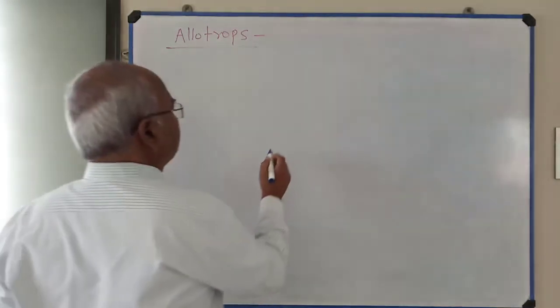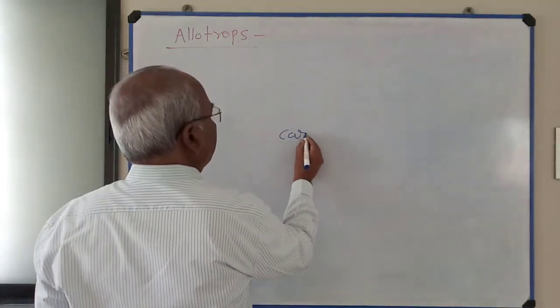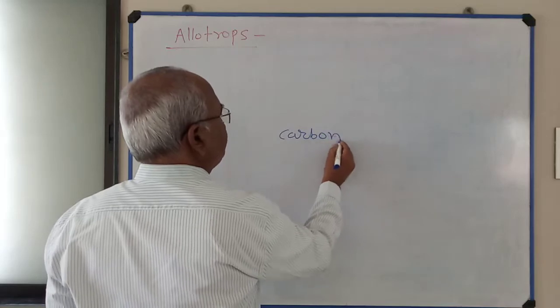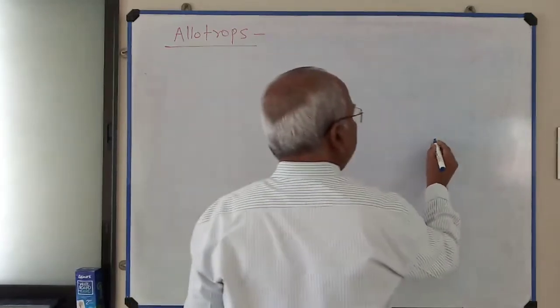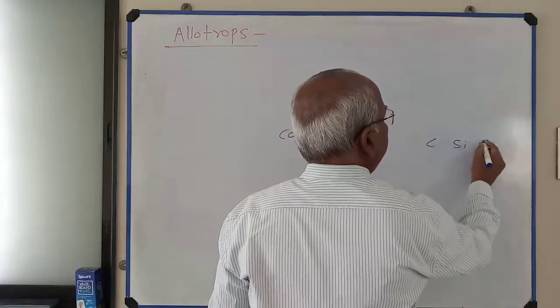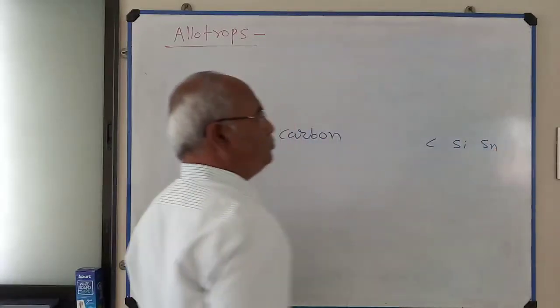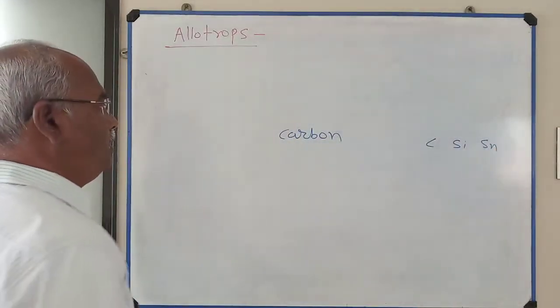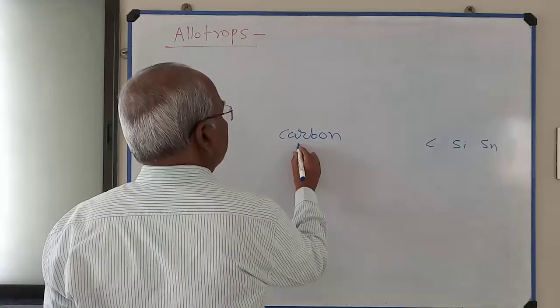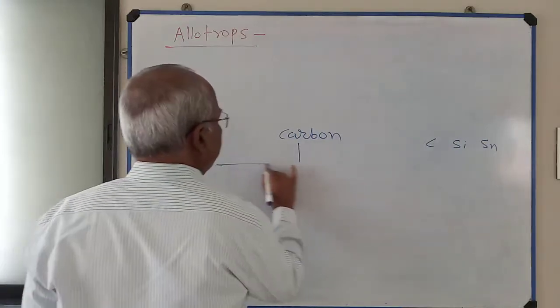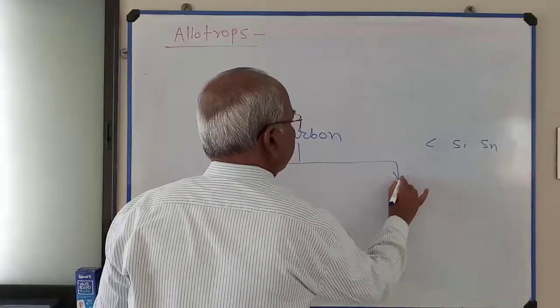Carbon shows allotropy. Carbon, silicon and tin show allotropy. Carbon has two types of allotropes.